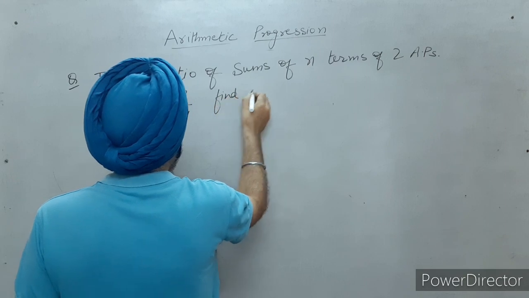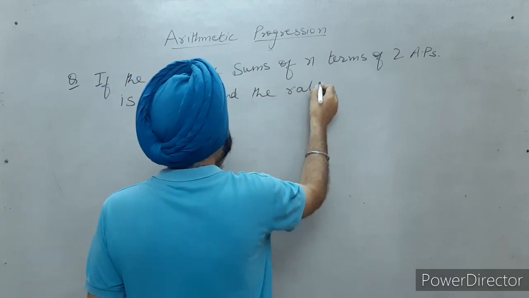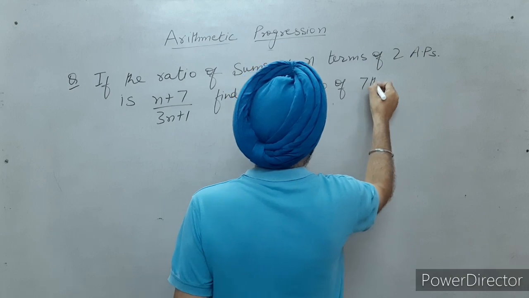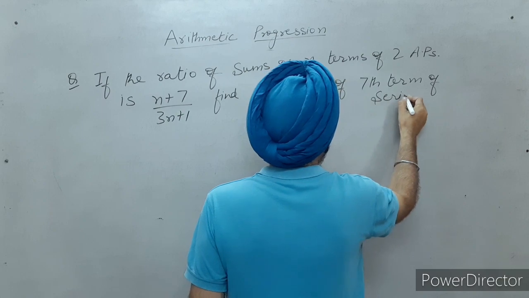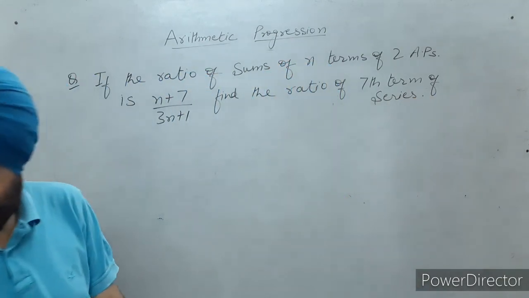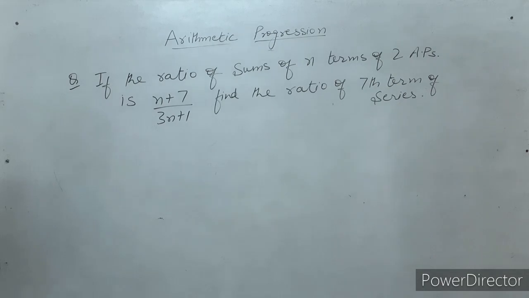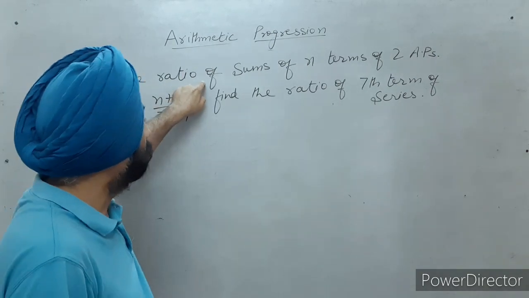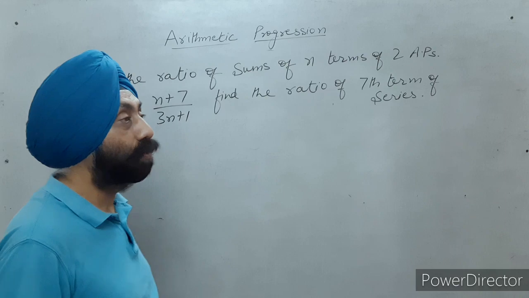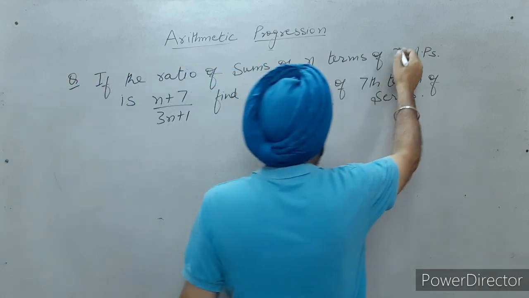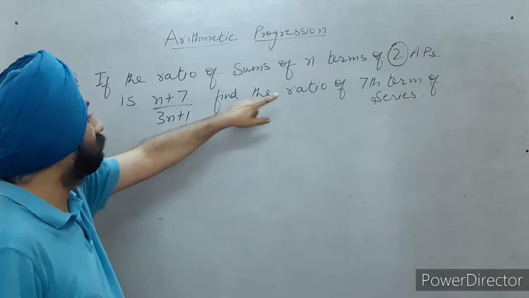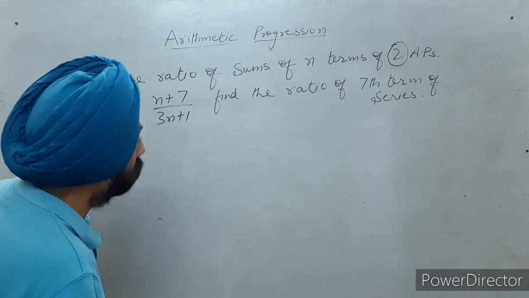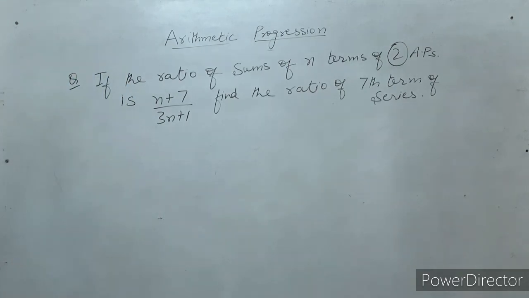Find the ratio of seventh term of the series. If the ratio of sums of n terms of two APs is this, find the ratio of seventh terms of the APs.